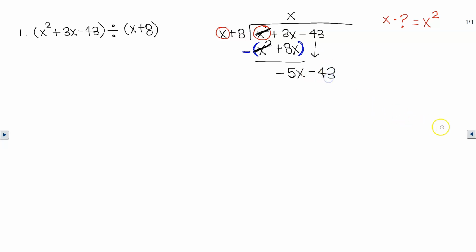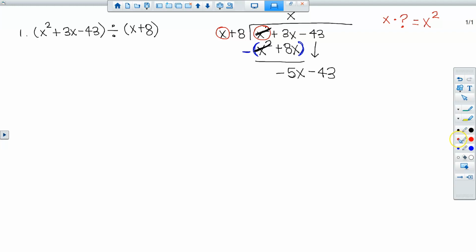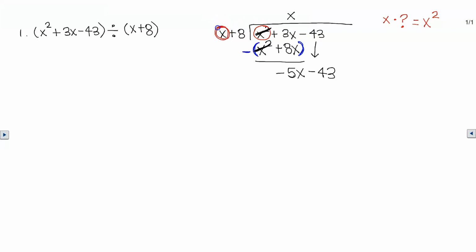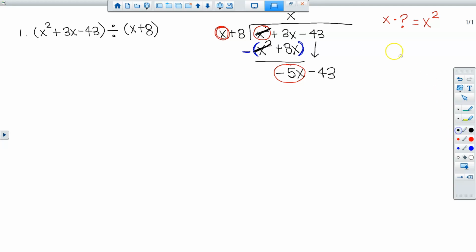And then we know, of course, that the process starts all over again. So now we are asking the question, how many times will x go into negative 5x? So x times what will give us negative 5x? Well, the answer for that is negative 5.